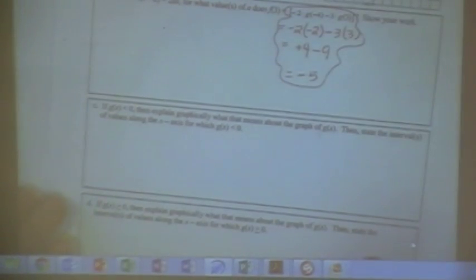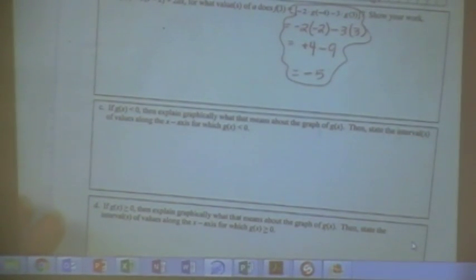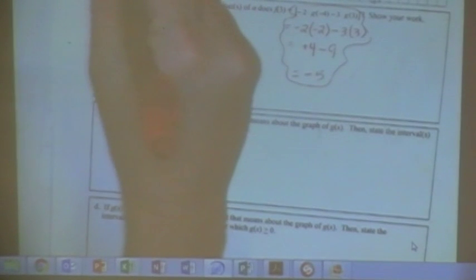So what they're asking me is for f of 3 to equal -5. So here's f. I'm plugging 3 in, so all my x's become 3's. But I still have a variable, that a. So I'm going to set this equal to -5 and solve for a.